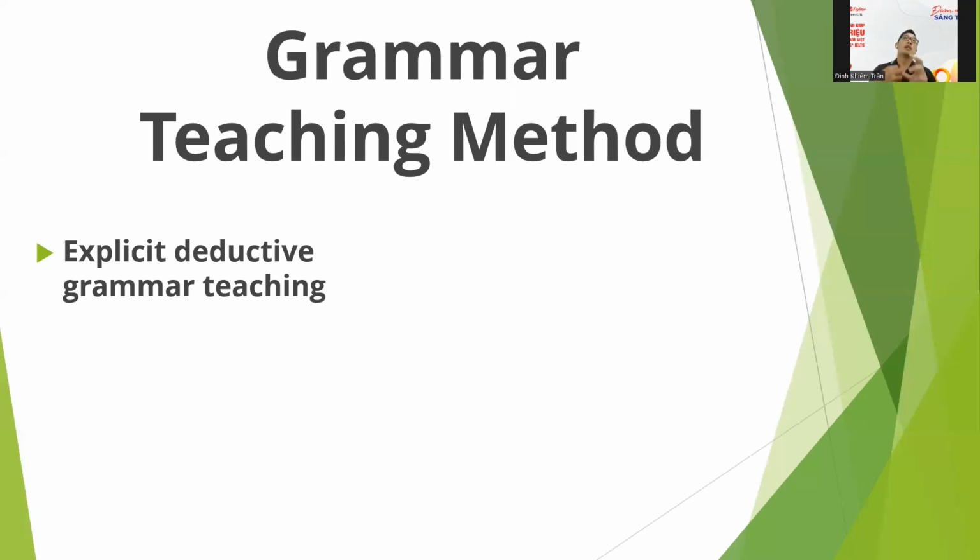For example, when we teach about the conditional, we will give them the whole structures without analyzing anything about it. But for the direct method, we use implicit inductive grammar. That means we just talk about it.